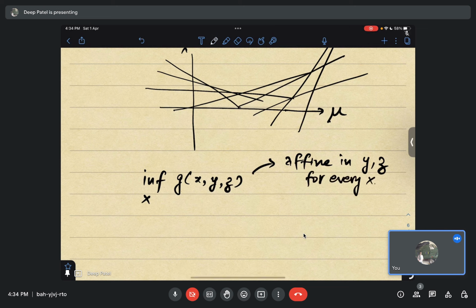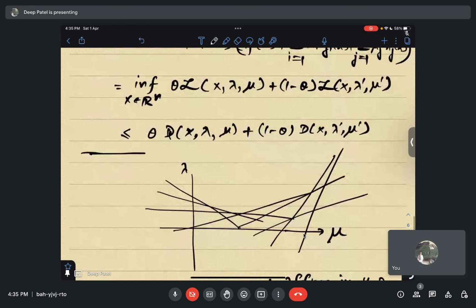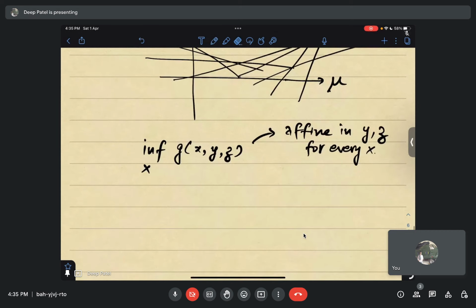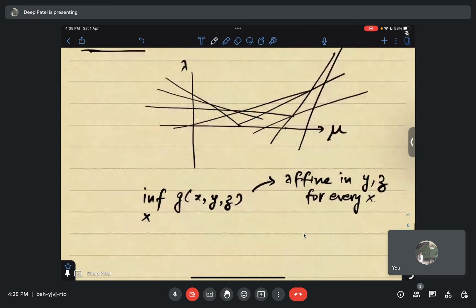So how do I write that then? It's an intersection of these things, right? But how do I write it?